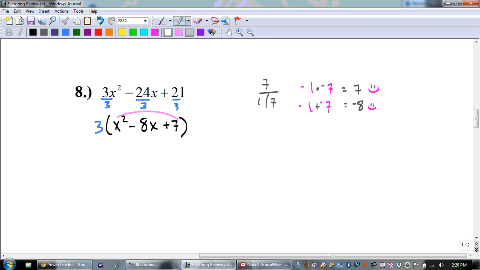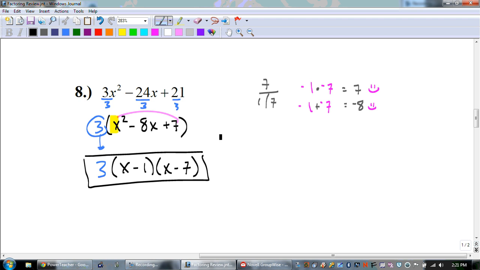Now, since my leading coefficient is 1, that's where I get to do the shortcut. So I'm dropping the 3 to my final answer, and we have x minus 1, x minus 7. When our leading coefficient is 1, that's when we get to do that shortcut.